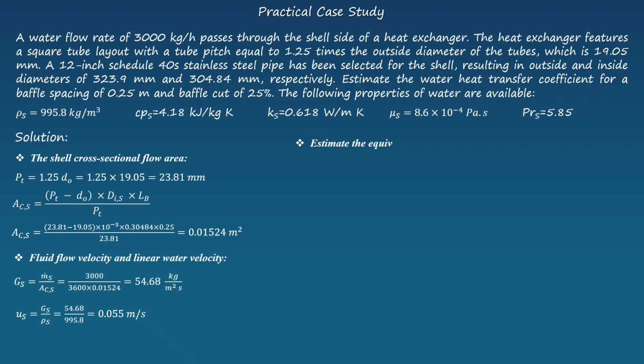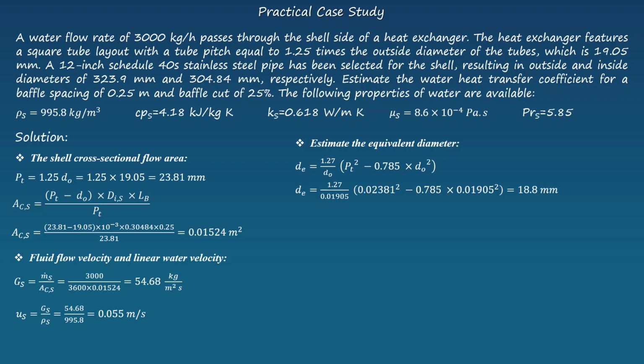We may use this value with the help of the equivalent diameter, and we have a square tube pitch or tube layout. Then we have the equivalent diameter in this form of equation. If we substitute the values, then we will get the equivalent diameter of the shell side to be 18.8 millimeter.